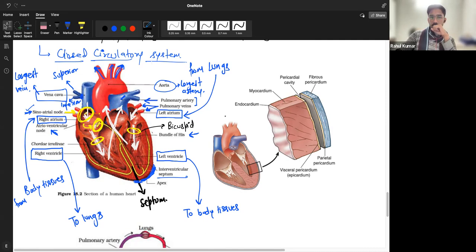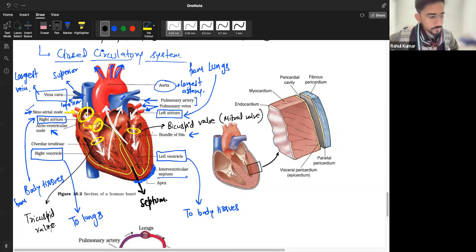Bicuspid valve is also known as mitral valve. M-I-T-R-A-L, mitral valve. And then between the right atrium and the right ventricle, there is a valve called the tricuspid valve. So it has three cusps, which means three flaps.